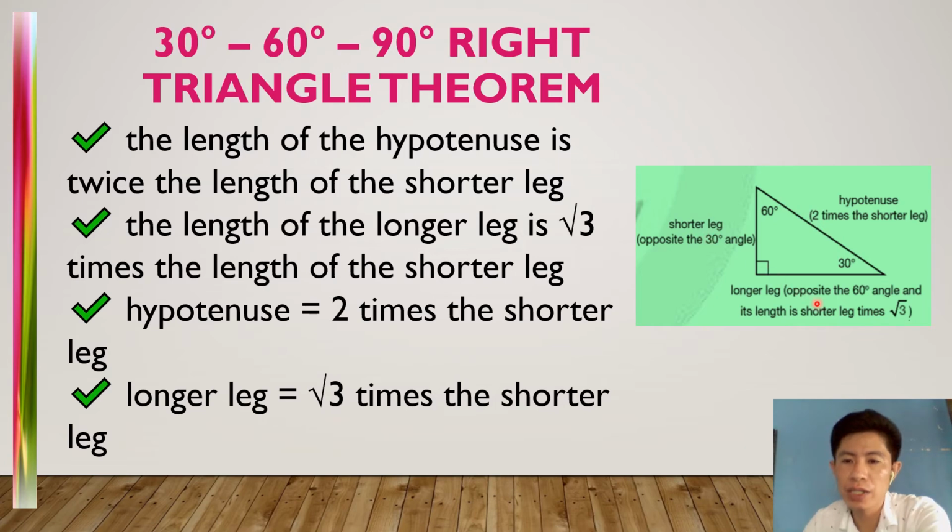So, the longer leg is shorter leg times the square root of 3, so that is 10 square root of 3. Yan yung mga dapat tandaan sa ating 30, 60, 90 degrees right triangle.